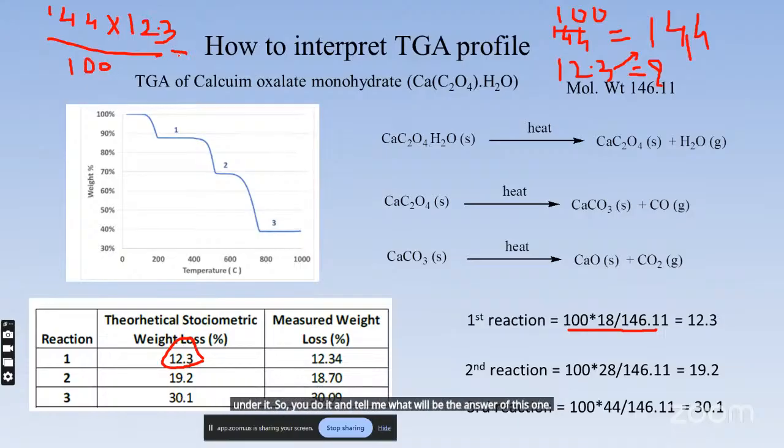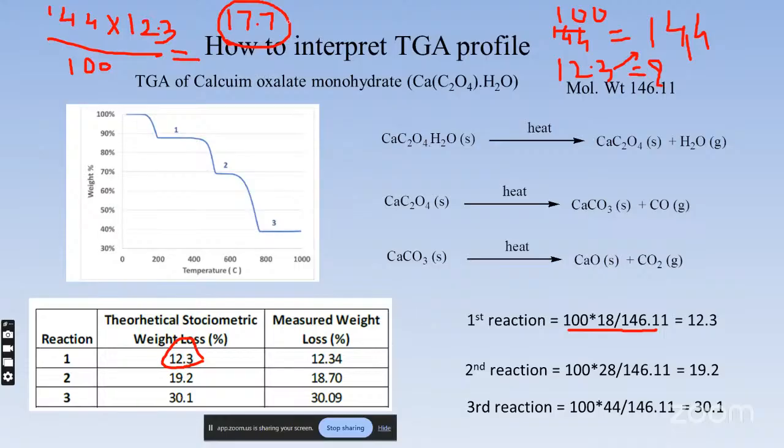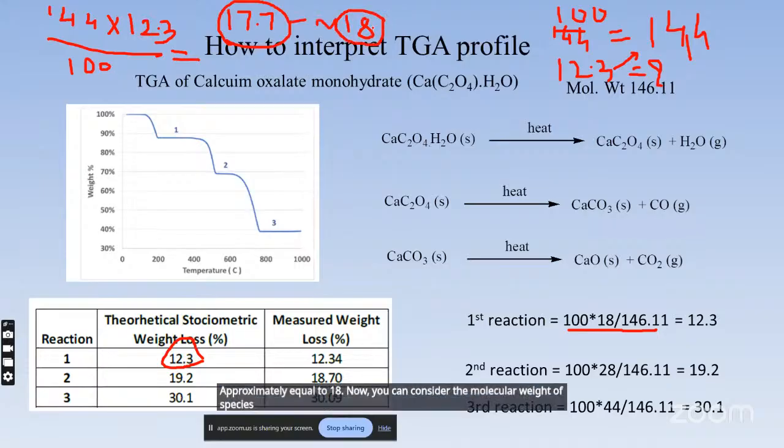It is 17.7. So these are rough calculations. If you get the atomic masses from the periodic table, it will be approximately equal to 18. Now you can consider a species which has a molecular weight of 18.